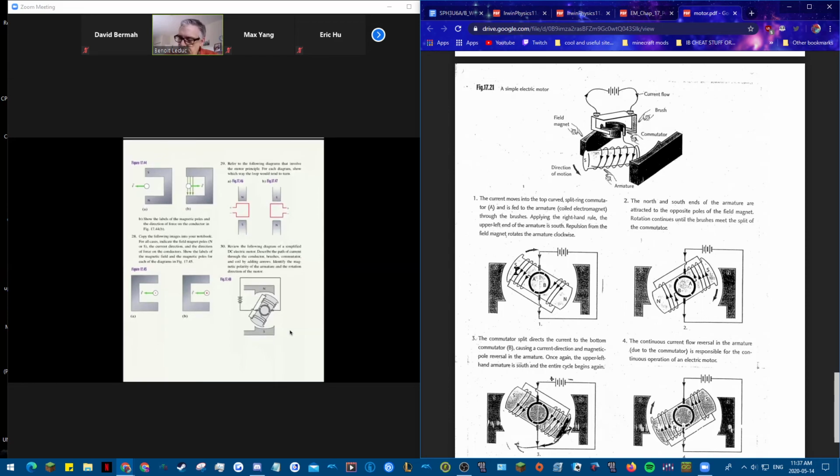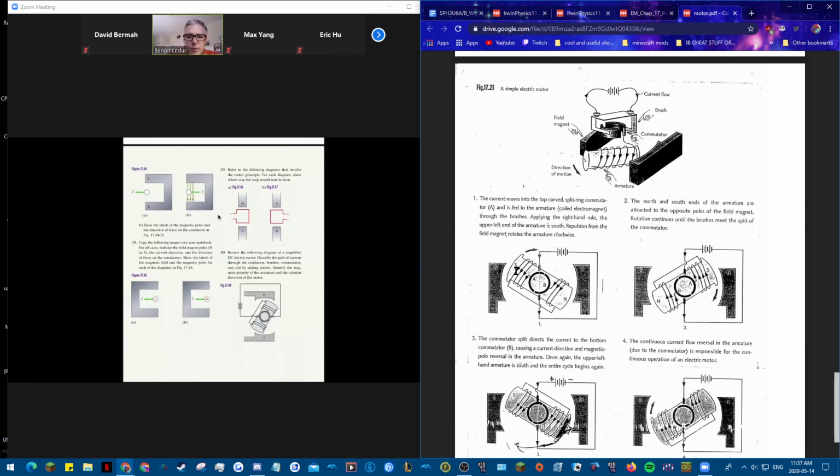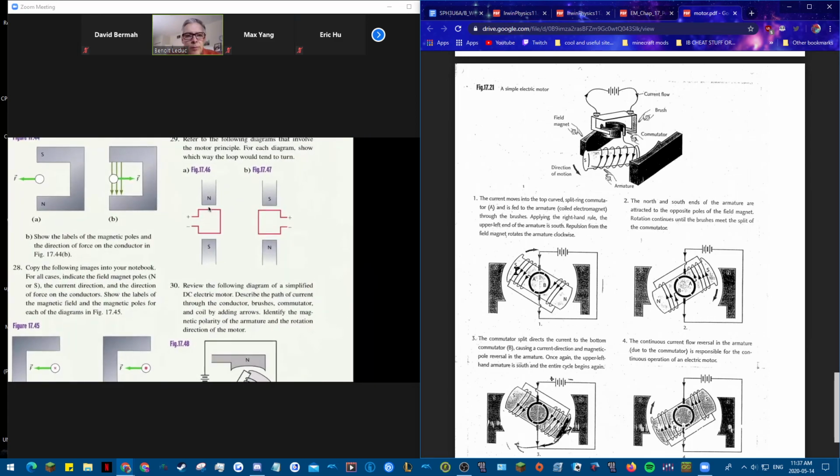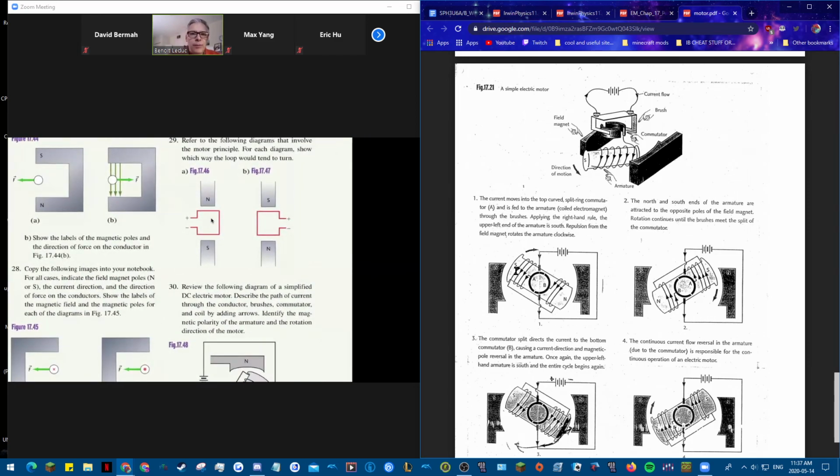All right. In this problem here, you have to tell me if the coil is rotating like this or rotating like that. So you have to tell me if the upper portion of the coil is moving towards you or moving away from you. In other words, is the coil moving this way or that way?